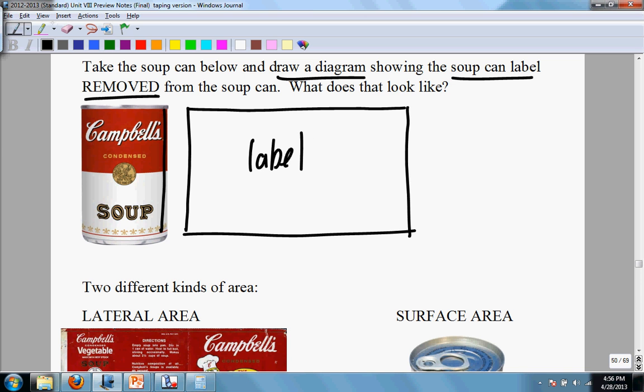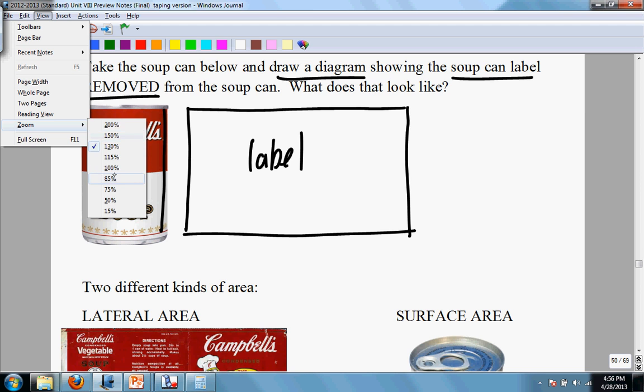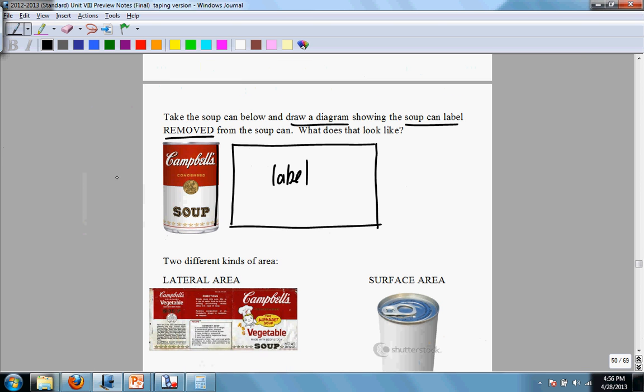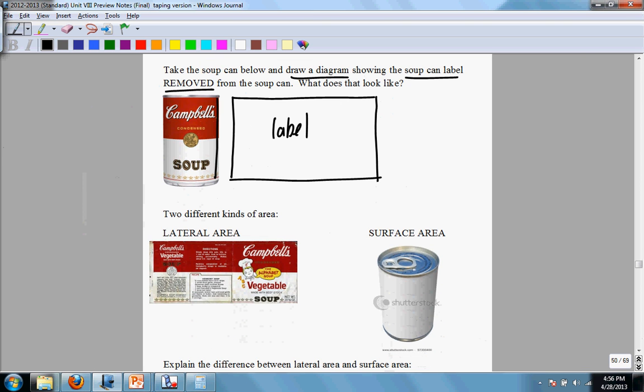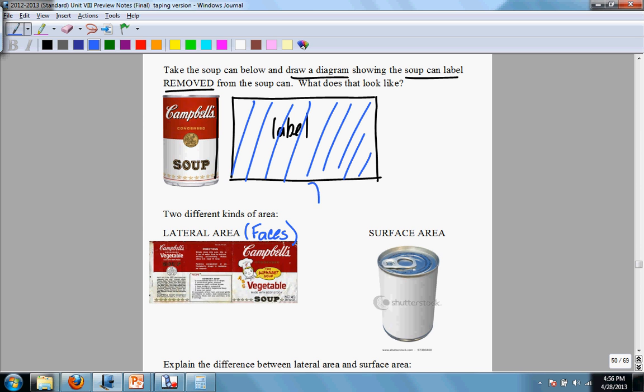This is going to represent what's called the lateral and surface area. Lateral area would be the area of all the faces. This is just the faces only, or in this case, the face. So it would be the area of the label only.